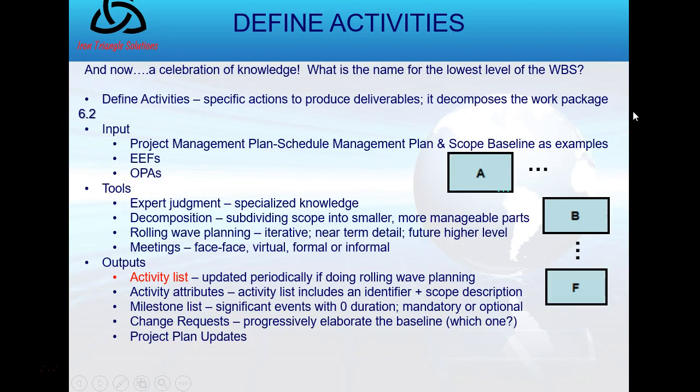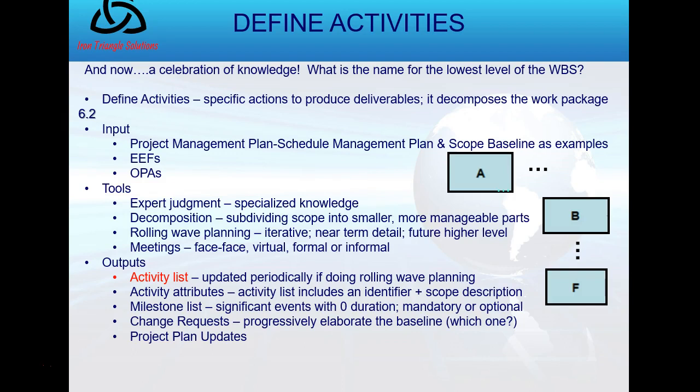Okay. After I plan schedule management, giving me a schedule management plan, now I'm ready to further decompose the work packages, which is the lowest layer of a work breakdown structure, further decompose those into activities. Okay, so I already told you, we were going to have a celebration of knowledge.